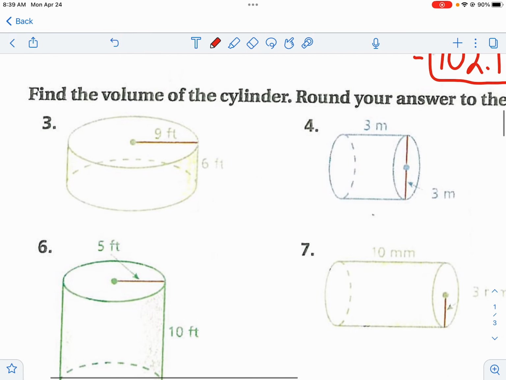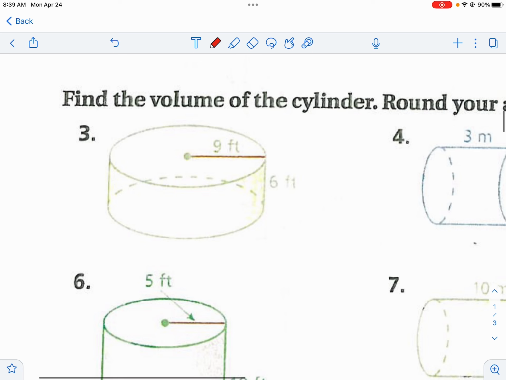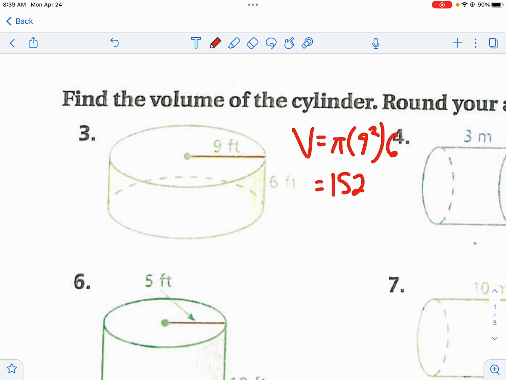Okay. We can go ahead and knock out these volumes really fast. They give us our height and our radius, so pi times 9 squared times 6. That would be 81 pi times 6, which is 1526.8. And that's in feet cubed.